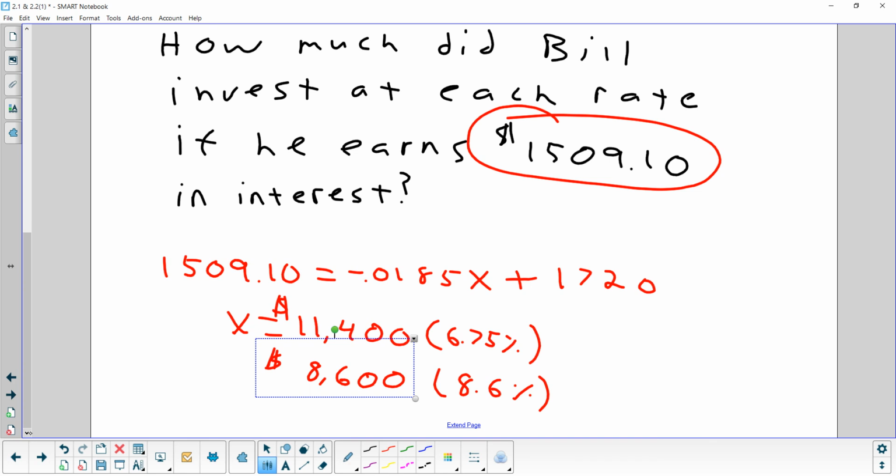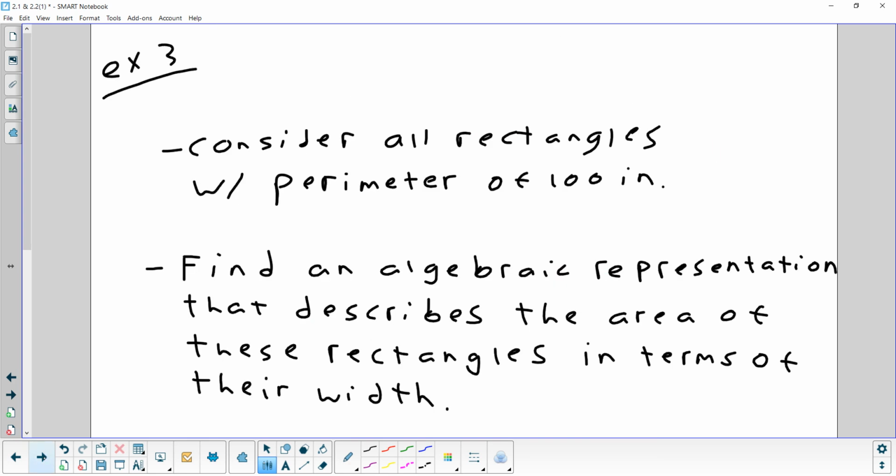All right, let's look at our last question. I think we've looked at a question like this before. In fact, I think we've done this exact question in homework. But it says to consider all the rectangles with a perimeter of 100 inches.